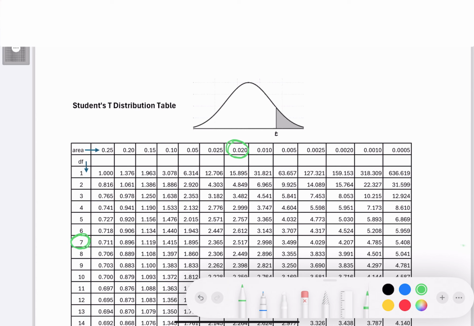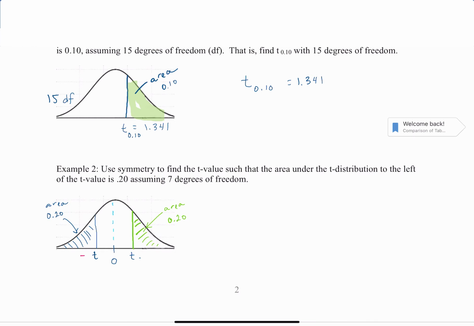So I go to the left column where the degrees of freedom are. I'm going to go across from that number of degrees of freedom and down from the area I want, and that gives me the t-value I'm looking for, 2.517. So again, what we've discovered here is that 2.517 is the t-value that has area 0.20 to the right. Therefore, the t-value we want that has that area to the left is negative 2.517.